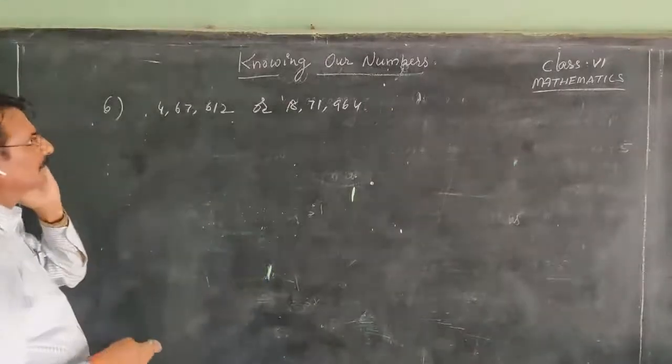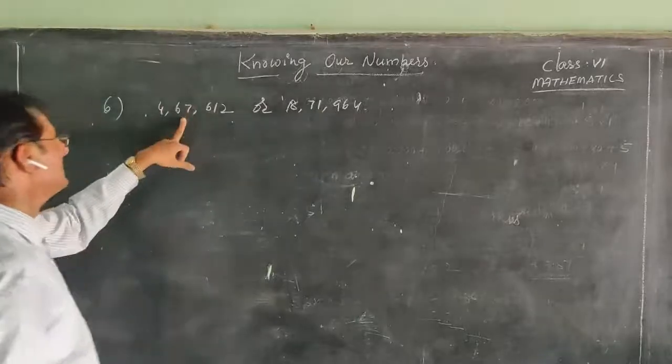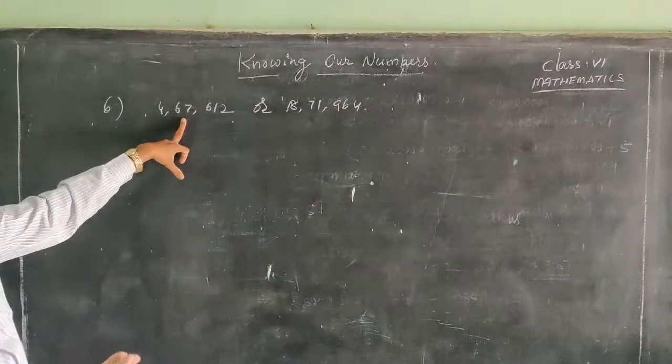When we observe these 2, how many digit numbers are they? 7 digits. This one is only 6 digits.